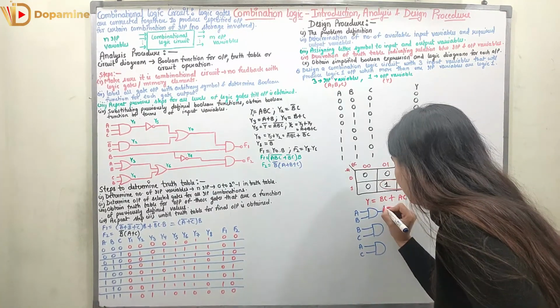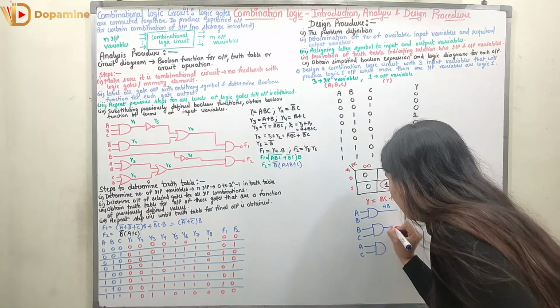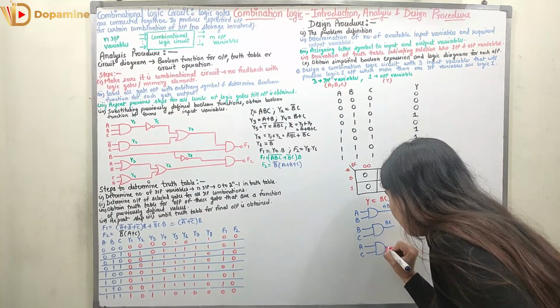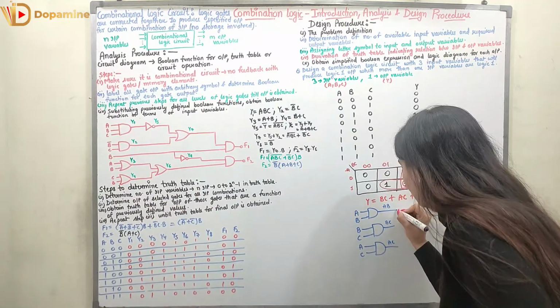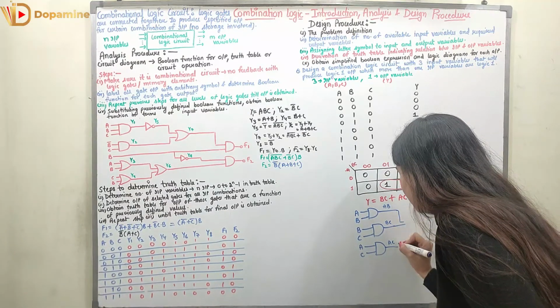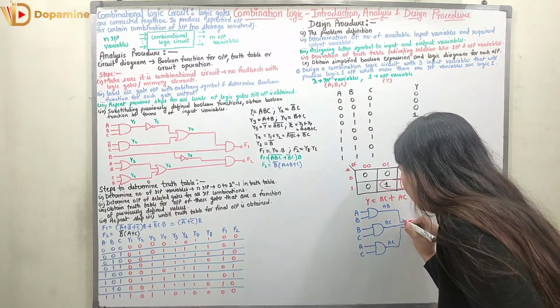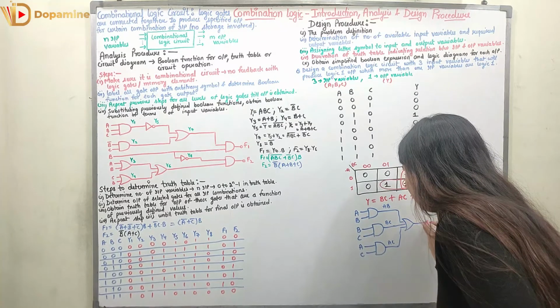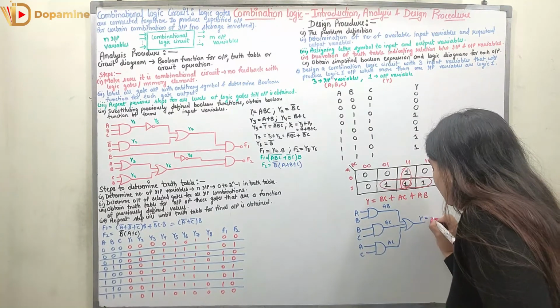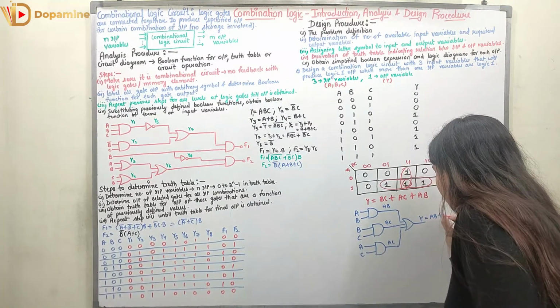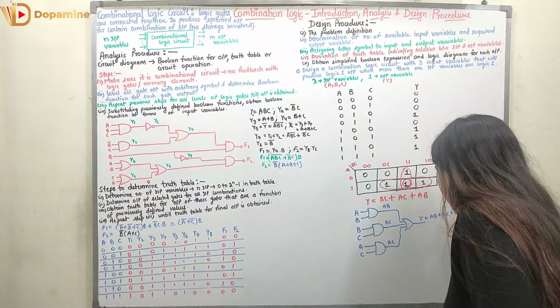So here I will get AB, here I will get BC, here I will get AC. All of them I have to send to the OR gate. So here I will get Y is equal to AB plus BC plus AC.